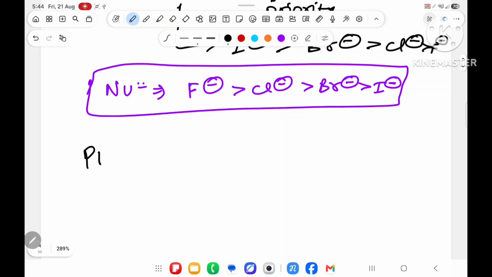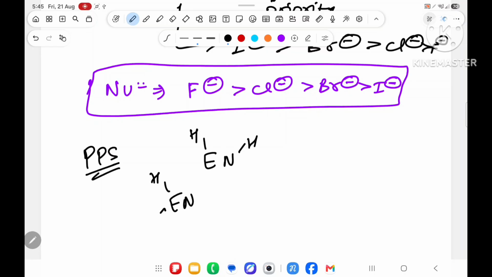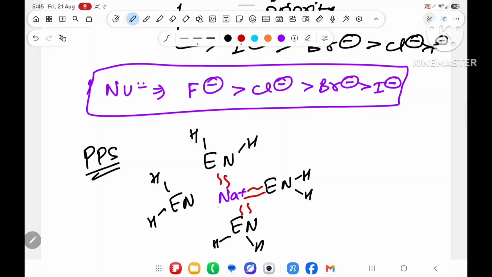Understood the logic? But instead of a polar aprotic solvent, I have taken a polar protic solvent. Once I take a polar protic solvent, what happened? Over here, the electronegative atom has hydrogen. I put sodium in the middle. The electronegative atoms attract the sodium towards themselves. But as they have del minus, the hydrogen has del plus.